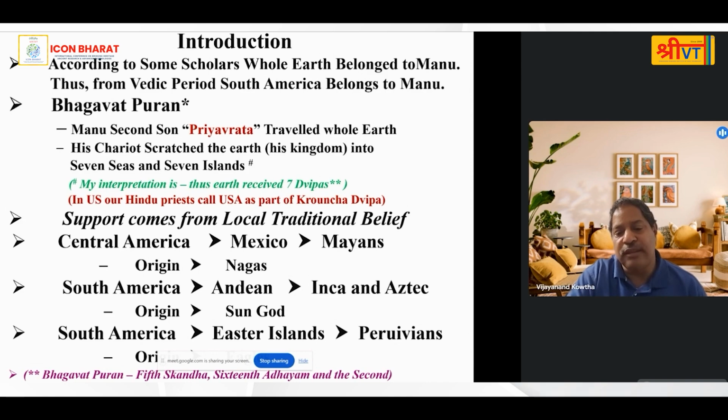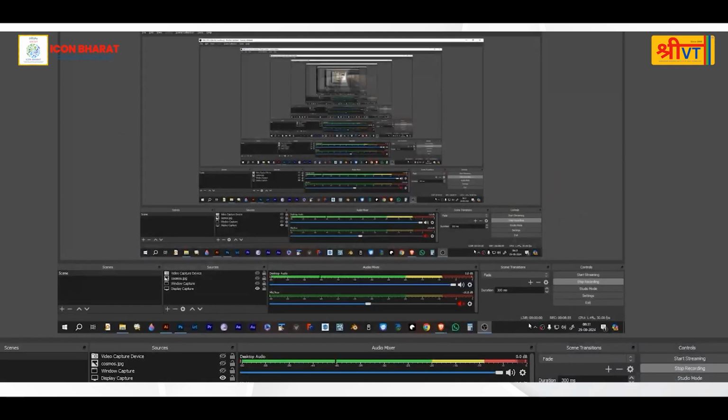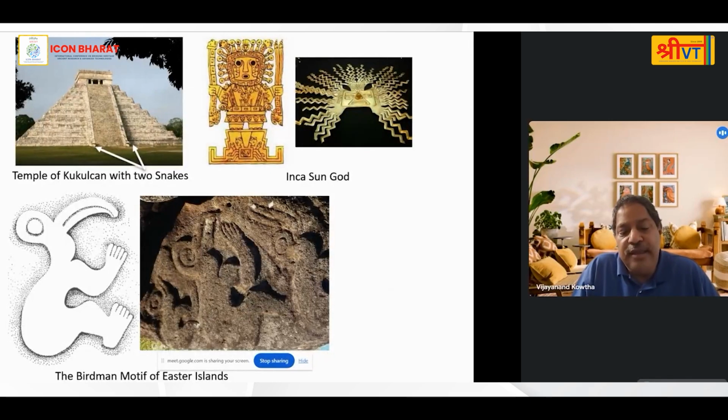Again, this is 7 Dvipas. We will be focusing on Central South America. Again, the Easter Islands that I would love for people to go visit. It's in Asia, but it's in South America. So it's in the Pacific Islands that Chile owns.